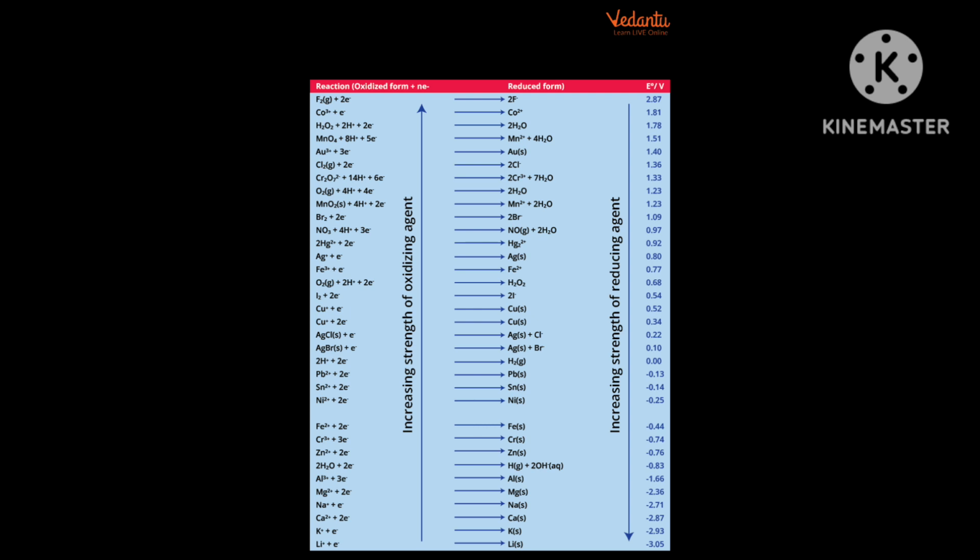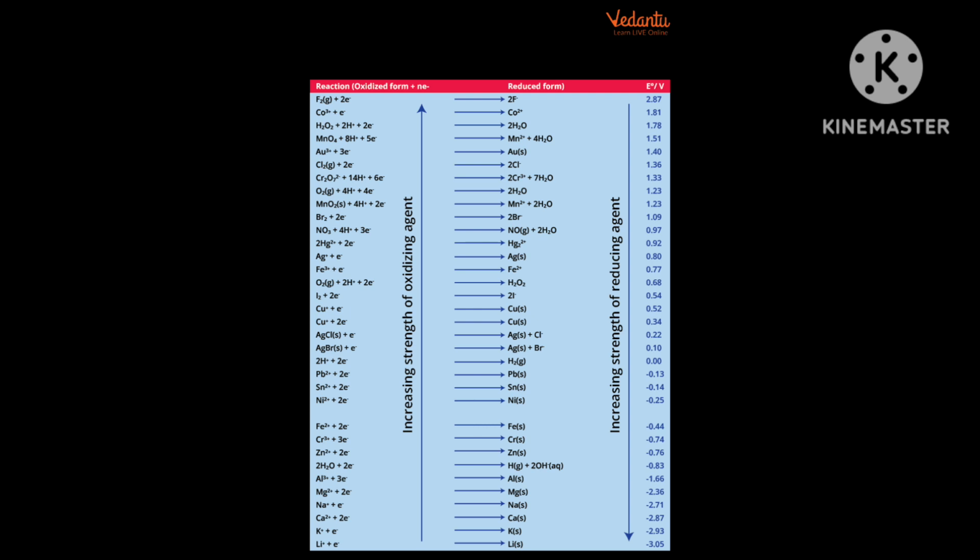Then here, what is the difference? Right minus left. Electrode potential of the right hand side minus the left hand side. The reduction potential of the left hand side, that is the anode side, you have converted, so both are now in reduction terms.